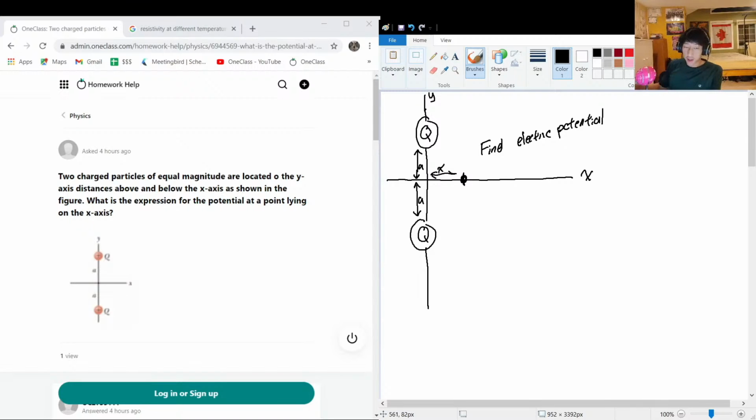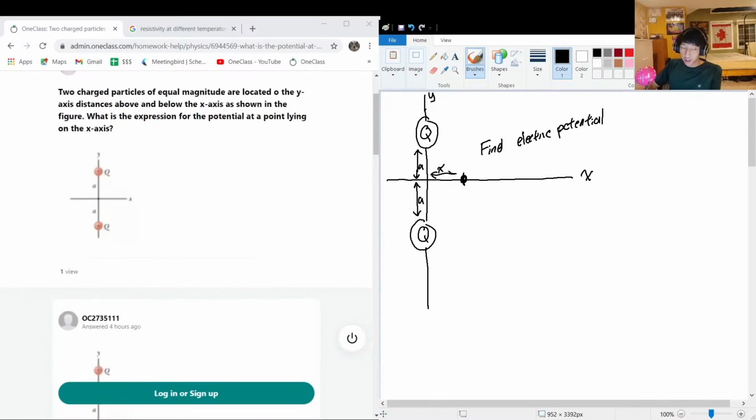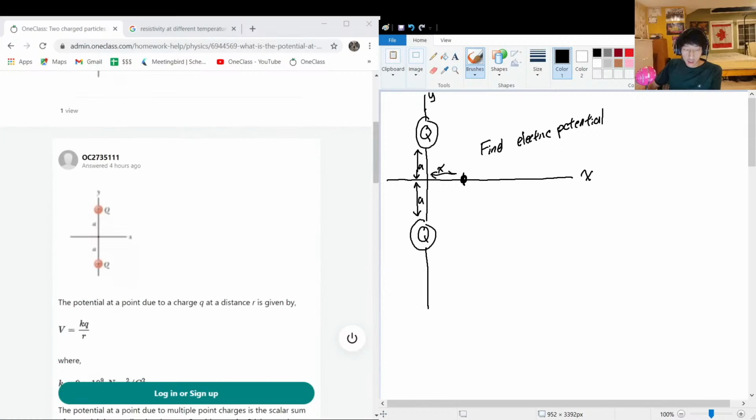Okay, so the equation that we have for electric potential is KQ divided by R. Electric potential is V, which typically means voltage, but it's better to say electric potential in this type of situation because we like to reserve the use of the word voltage for more electric circuit situations.